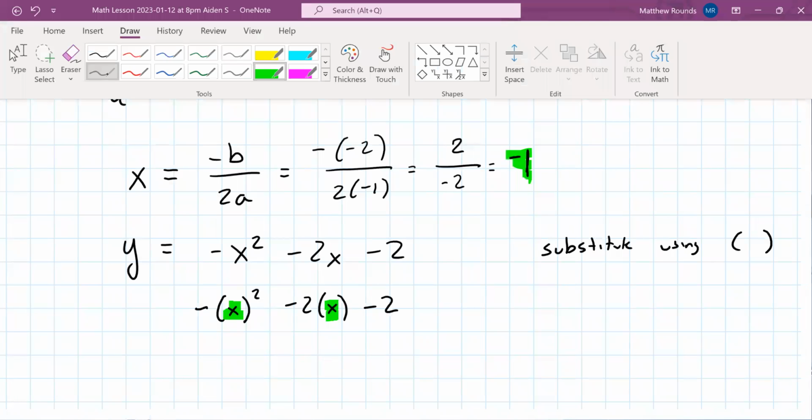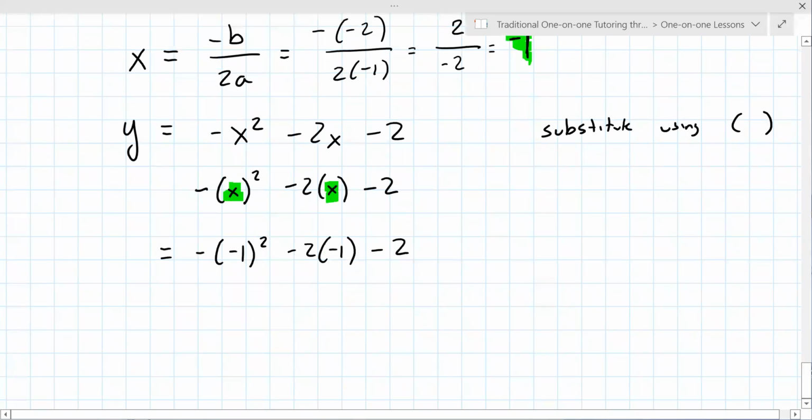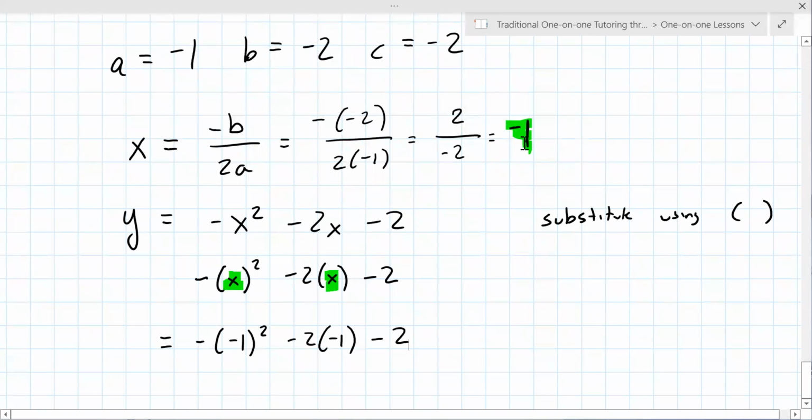The reason this matters is for order of operations. You want to make sure that you get the right order for calculating this final answer. It's easy to be off by a sign there. So our next step here is to take that -1 and we plug it in for x, just like you see here in this next line, and then we simplify.